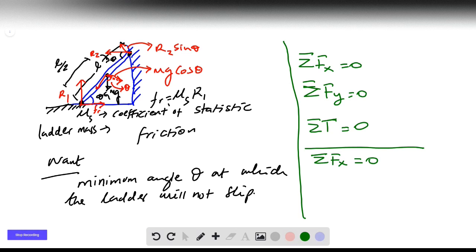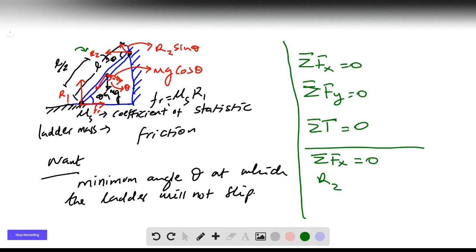In the x direction, you can see that we have N2, or rather R2, this one right here. It's pointing to the left, so R2 is pointing to the left.